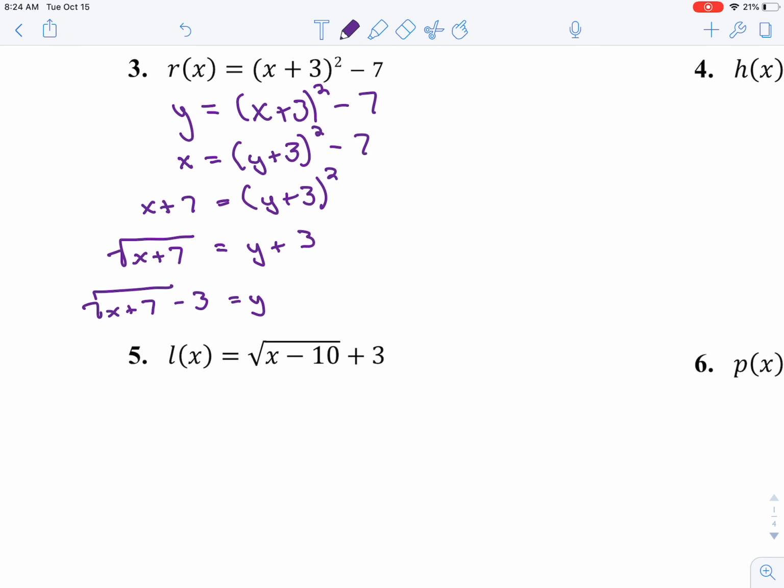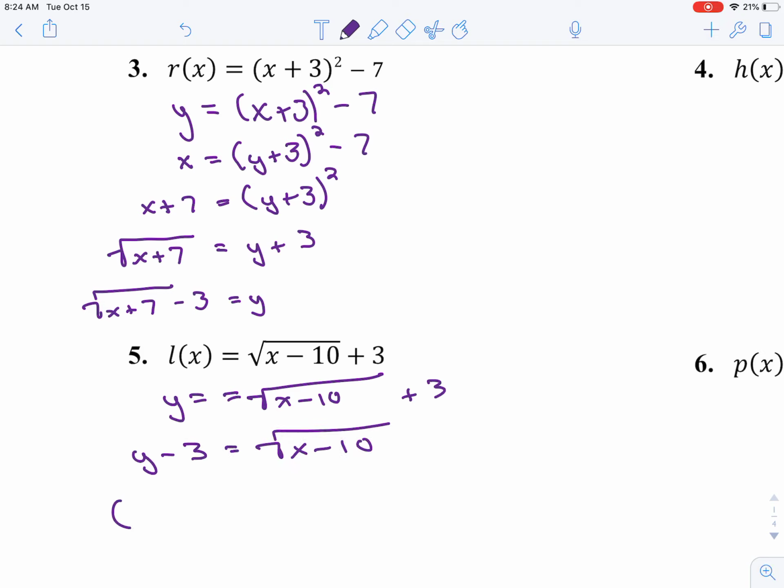Okay, so for 5, I'm going to do the same thing. Y is equal to square root of x minus 10, and then the plus 3 is out here. So I'm going to subtract 3. Then I'm going to square both sides.